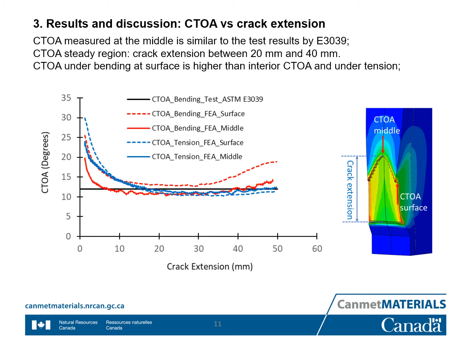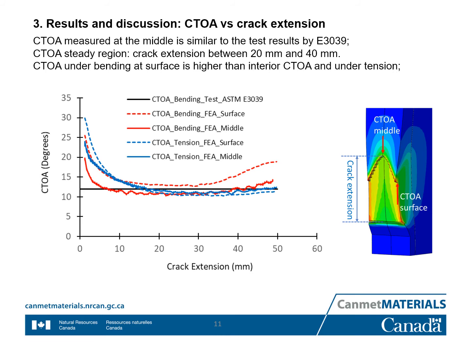We can see from the figure here, in the beginning of crack propagation, the CTOA is quite high. After 20 millimeters of crack propagation, the CTOA becomes stable up to 40 millimeters of crack propagation.